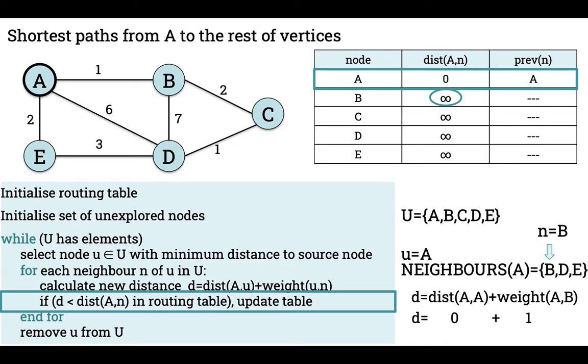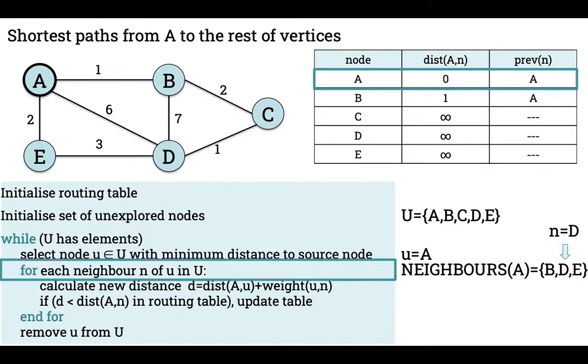Now, we check whether this distance is shorter than the distance recorded in the table from A to B. Yes, 1 is less than infinite. So we update the table with the shorter distance just found and the information about the previous node, which is A. With this, we finish the processing of the neighbor node B and move to the next one.